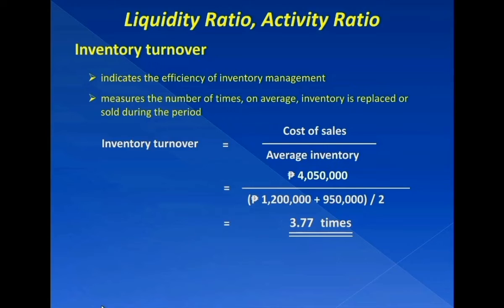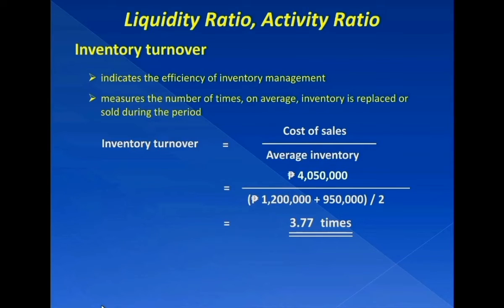Generally, the higher the inventory turnover is, the better. That is generally speaking, because a number of factors must be taken into consideration in determining a satisfactory figure for inventory turnover. As stated earlier, the inventory turnover measures the number of times that inventory is replaced during the period.